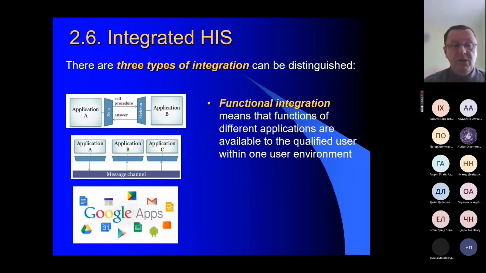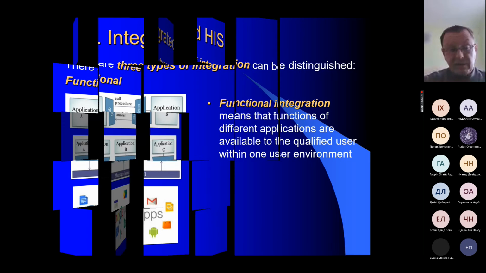And function integration represents the third level of integration, where functions of different applications are available to a qualified user in one user environment, and in this case various cloud technologies, especially Google Workspace or Office 365, are a nice example, because all we need is a web browser to access our applications, which are executed within almost a single interface.